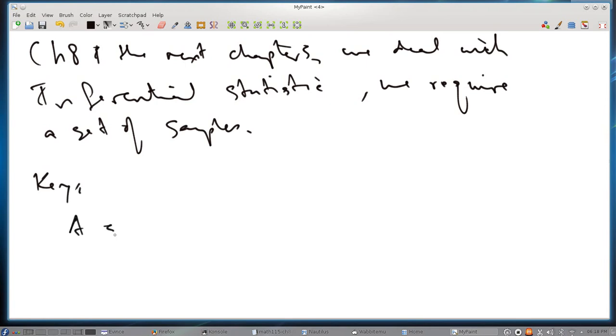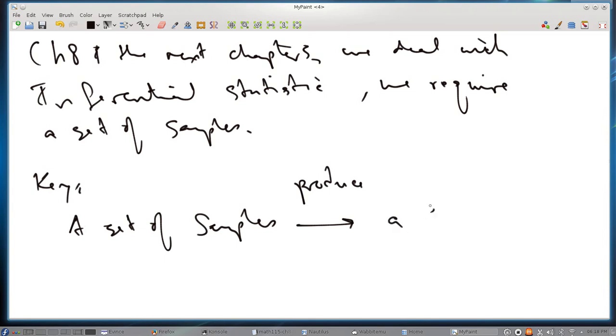So a set of samples will produce a sampling distribution. I'm going to abbreviate the word distribution here, and this is the key in this chapter right here.